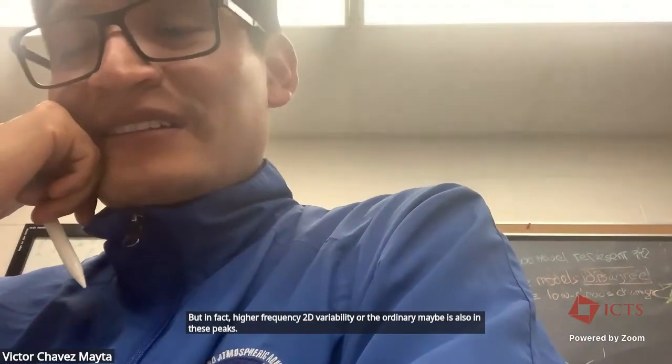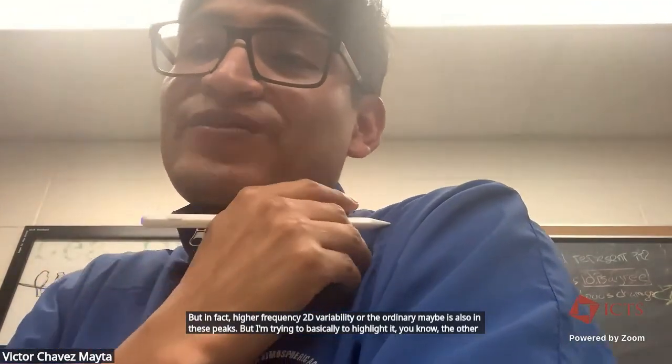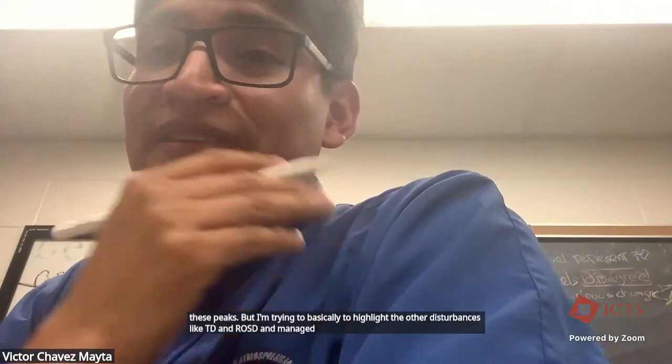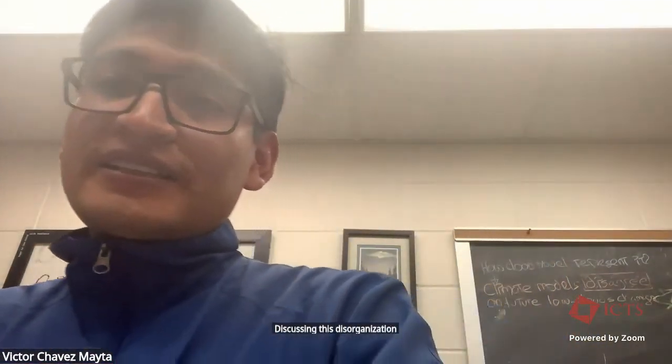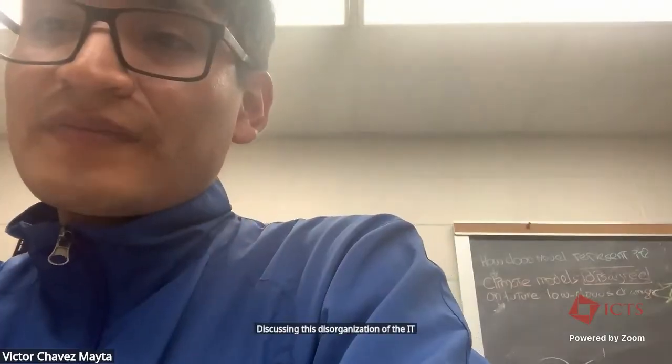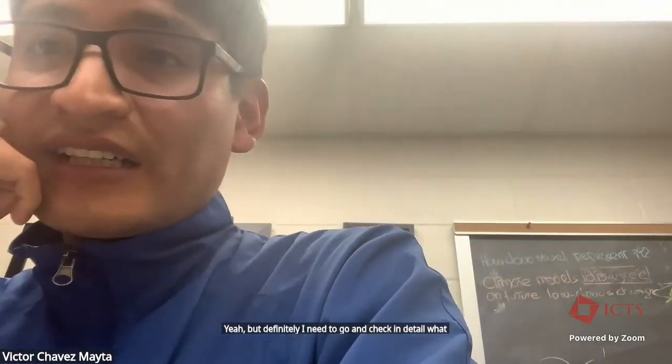I'm trying to highlight the other modes like TD and Rossby and the Madden-Julian oscillation discussing the organization of the ITCZ. But definitely I need to go and check in detail what's going on in the higher frequencies.